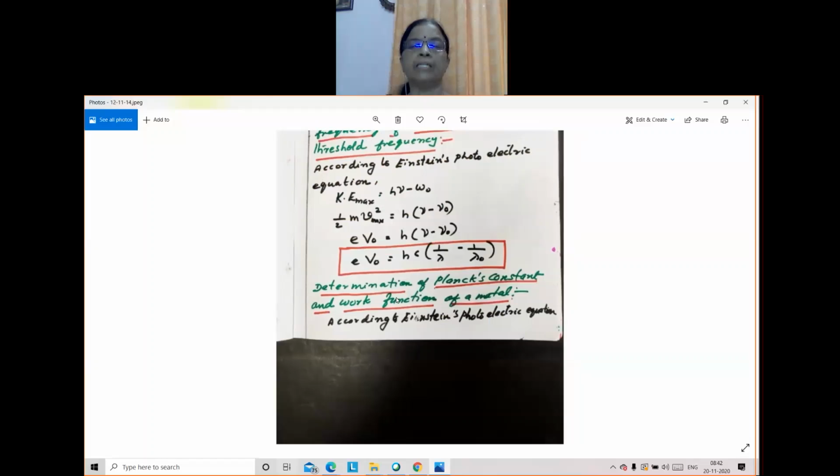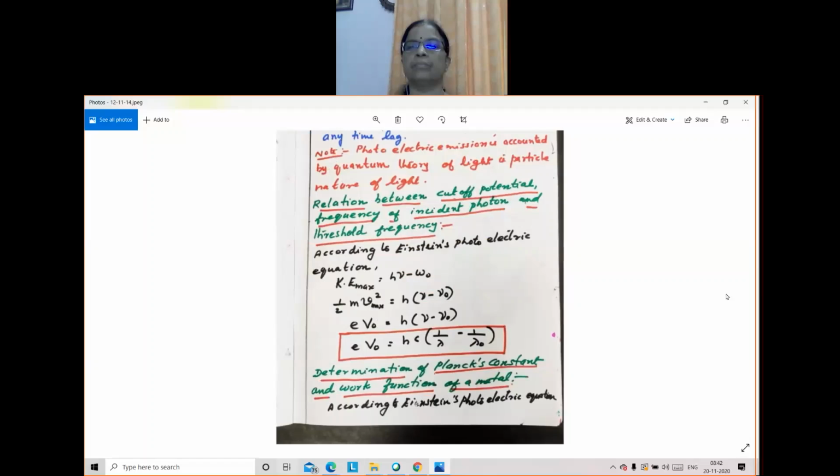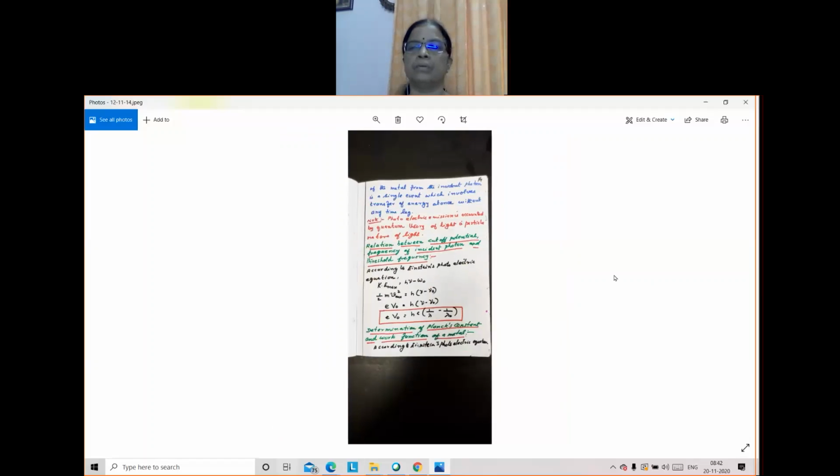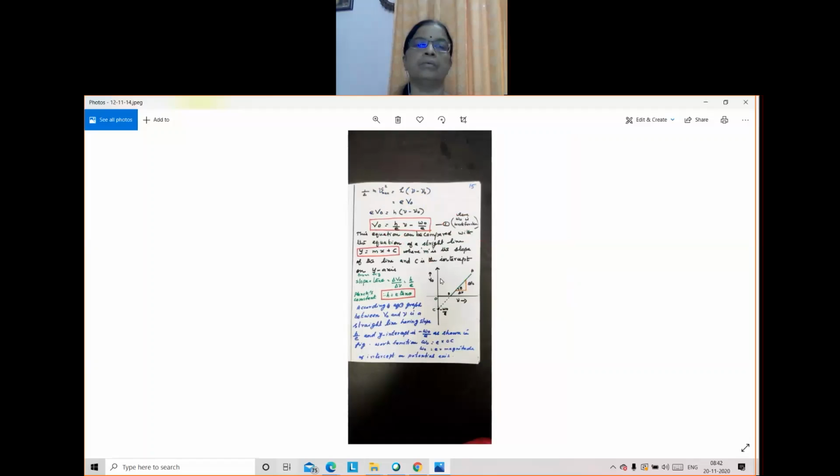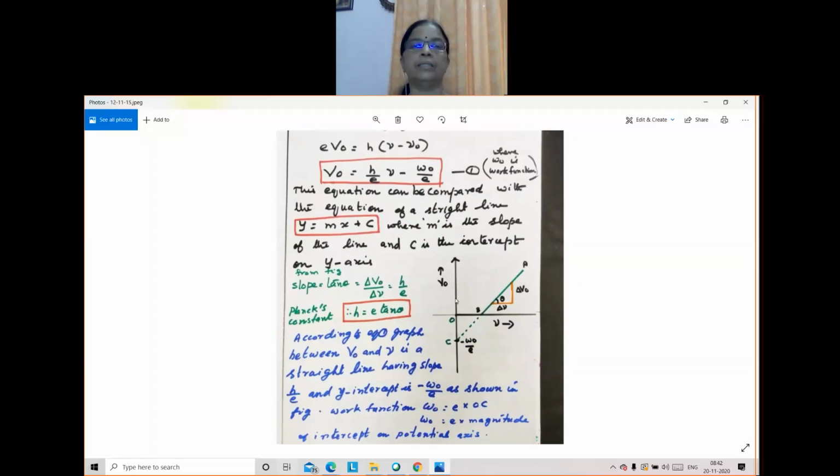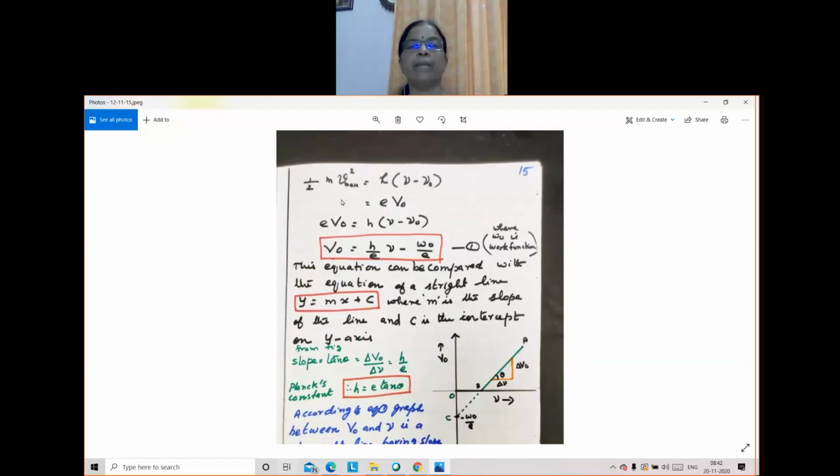Determination of Planck's constant and work function of the metal, that is from the graph. You can see this equation. Einstein's photoelectric equation: half m v max square equal to h into nu minus nu 0.